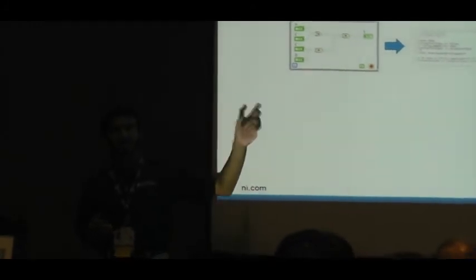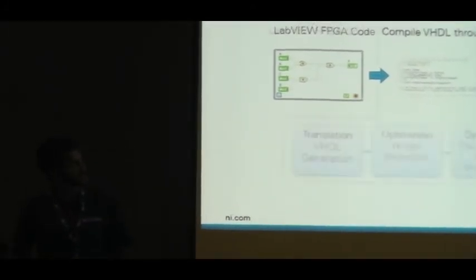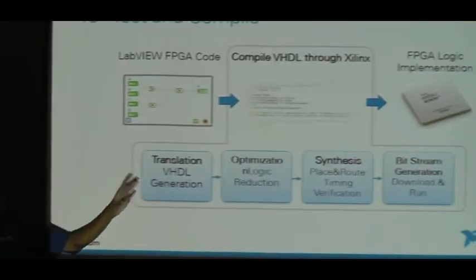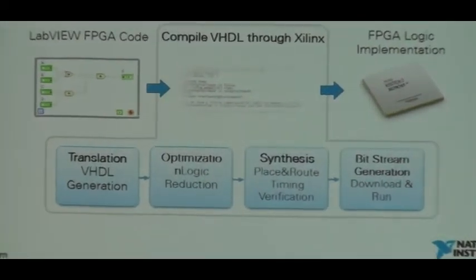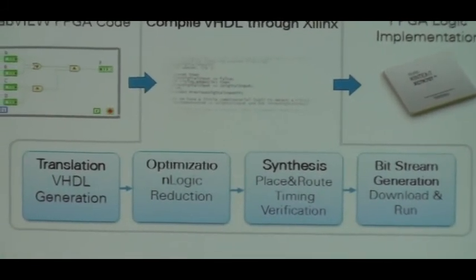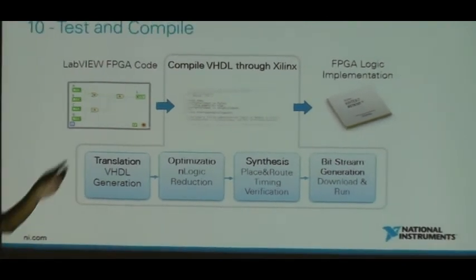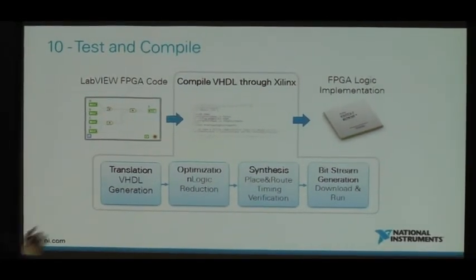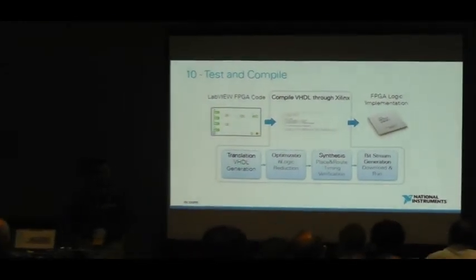Your code is going to eventually get compiled to a bit file that the FPGA understands. All our compilers use the Xilinx compiler. Depending on the FPGA that your target has, it will use a certain set of compile chain tools. Ultimately it'll compile it down to VHDL, and then it will try to map the system resources to the best of its ability.